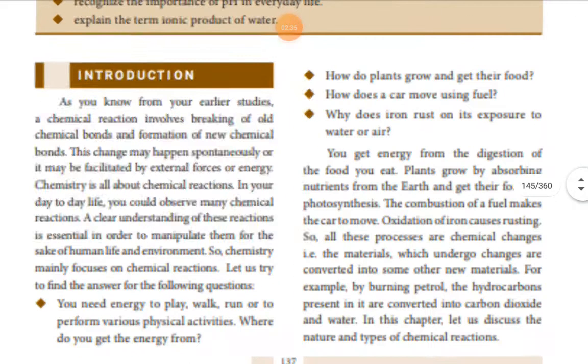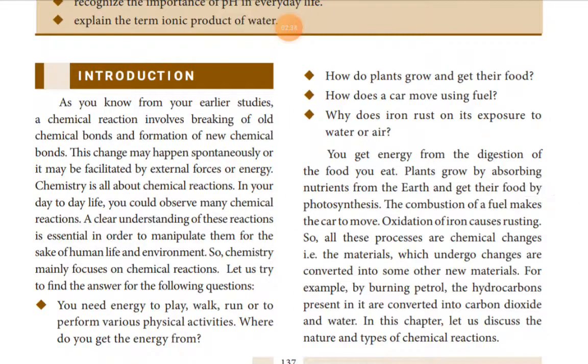Listen carefully. As you know from your earlier studies, a chemical reaction involves breaking of old chemical bonds and formation of new chemical bonds. So this is how to understand it. A chemical reaction means what? The old bonds are broken and new bonds are formed to give a new product.